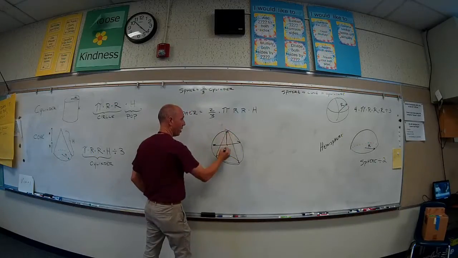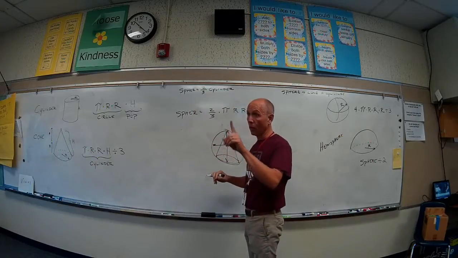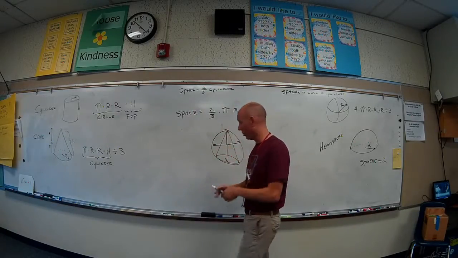Wouldn't the height really be an R and another R? Yeah. Okay, so the height is really R plus R, which is 2R.